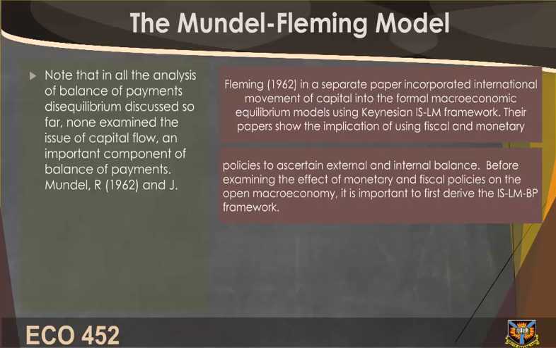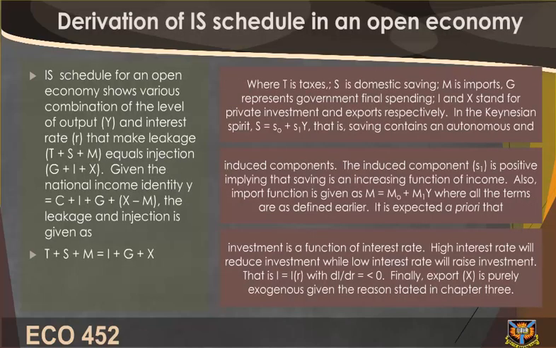Before examining the effect of monetary and fiscal policies on the open macroeconomy, it is important to first derive the IS-LM-BP framework. Derivation of the IS schedule in an open economy.